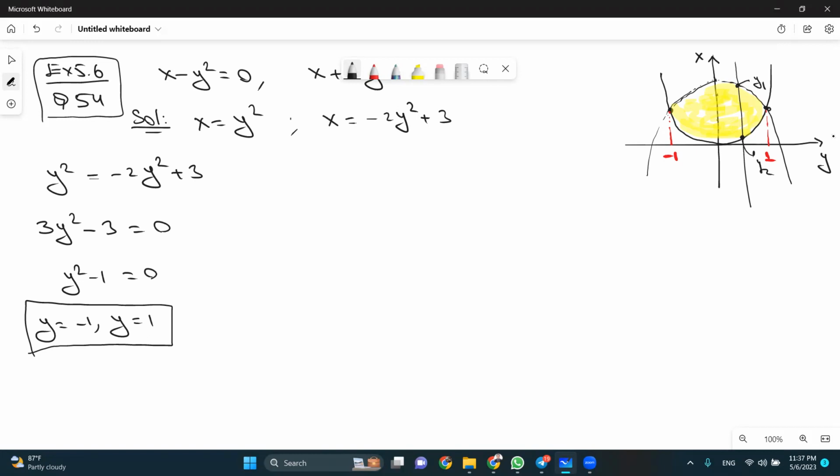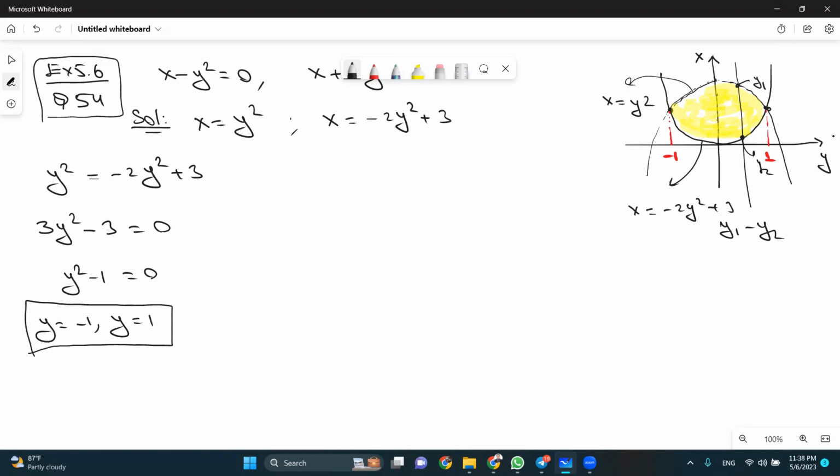At that time, the height of the rectangle will be y1 minus y2. We know this function is x equal to y squared, and how about this function? That is x equals negative 2y squared plus 3.